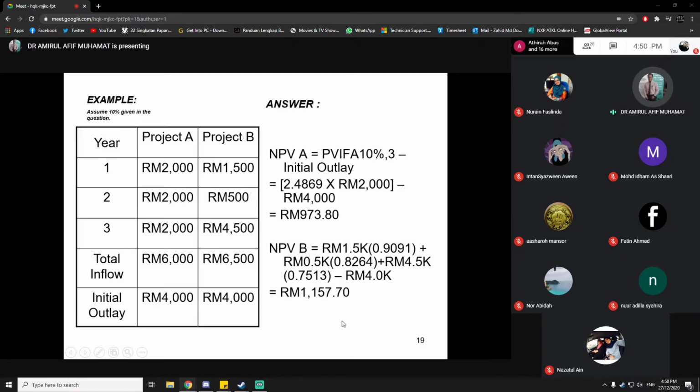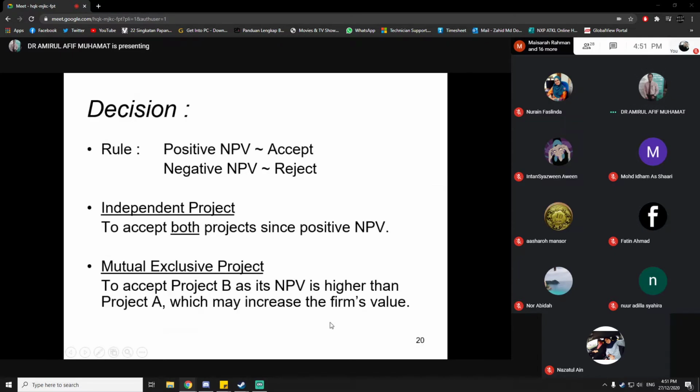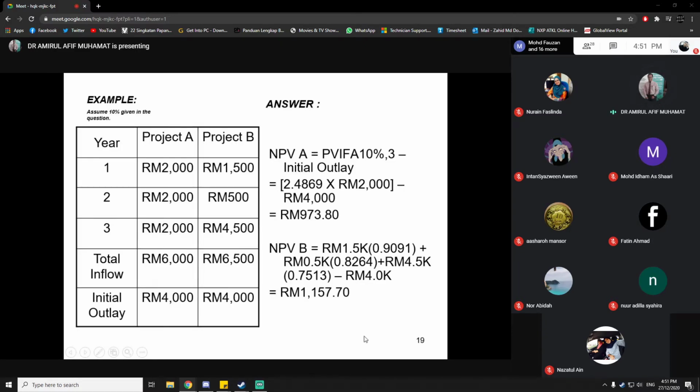So based on this, you will choose NPV B. You will choose project B because project B gives you higher profit. For independent judgment, you can accept both because both are positive. But for mutually exclusive, you choose the highest.